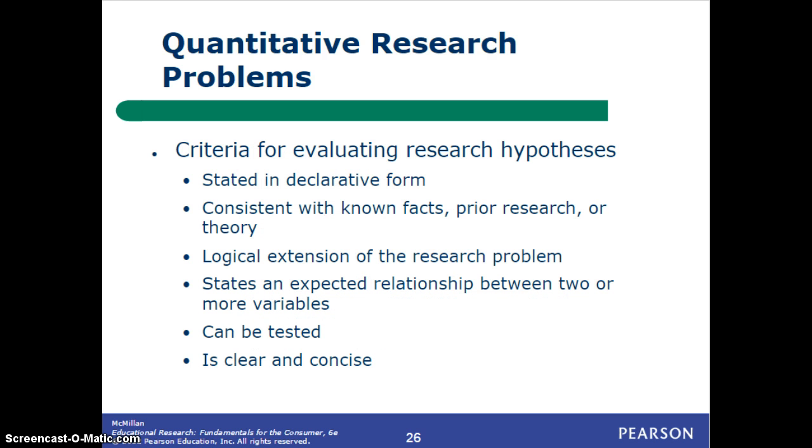Some criteria for evaluating hypotheses: they're always stated in a declarative form. Any hypothesis has to be testable, and a demonstration of that testing needs to be shown through the final reporting. And it should be clear and concise.